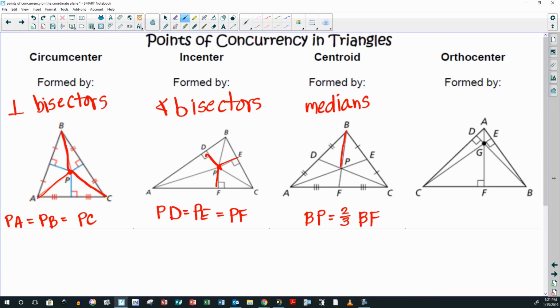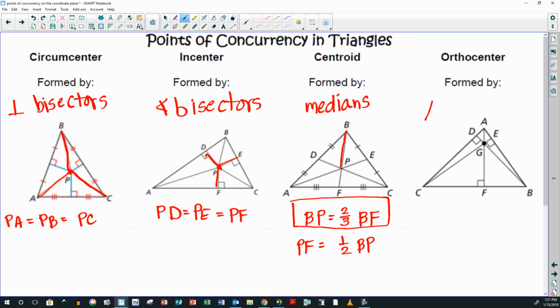But we learned when we were solving them that the bottom piece, so PF, is half the length of the top piece, which is BP. So the general rule is that the top piece is 2/3 of the whole piece, but the bottom piece is half of the big piece.